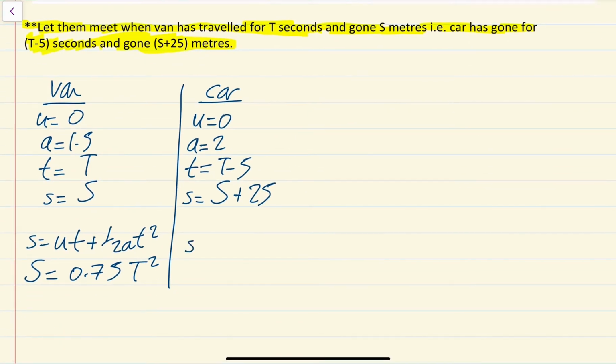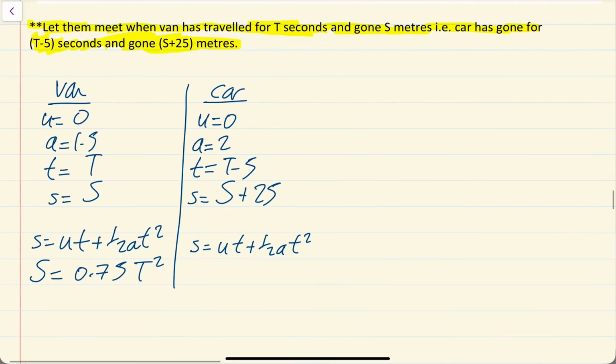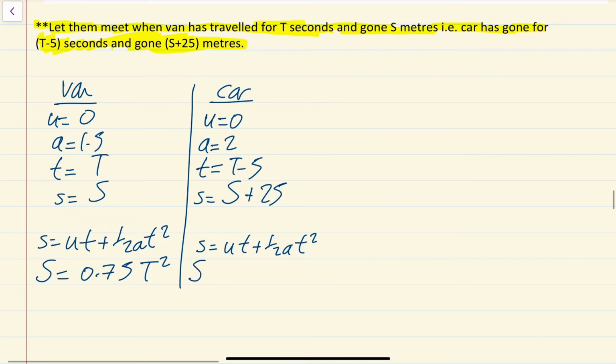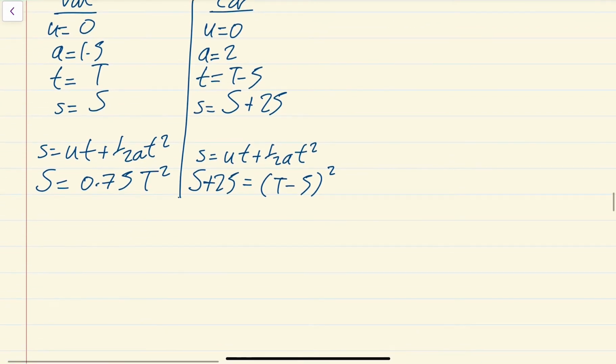Write down lowercase s equals lowercase u, lowercase t plus a half at squared, one of your suvat equations, and then fill it in. Big S plus 25 is equal to my ut, which is going to be 0, and then a half times my a, which is just 1, times big T minus 5 squared, and we'll sort that out.